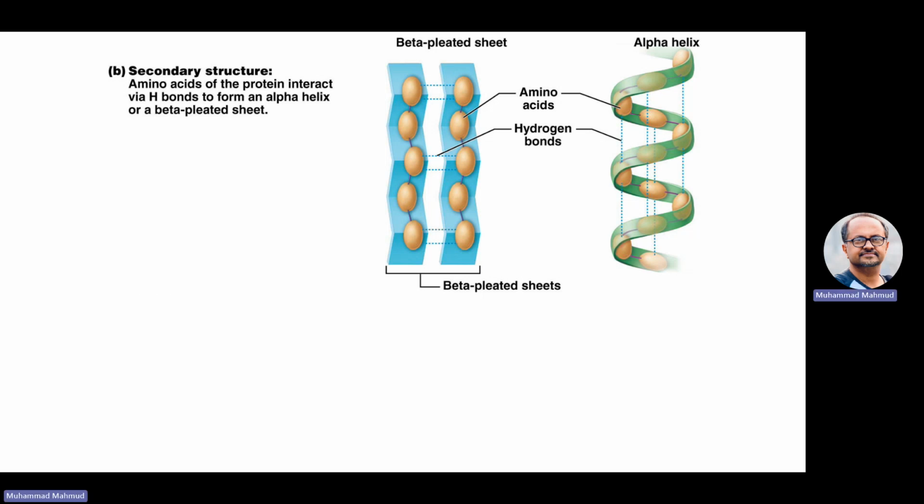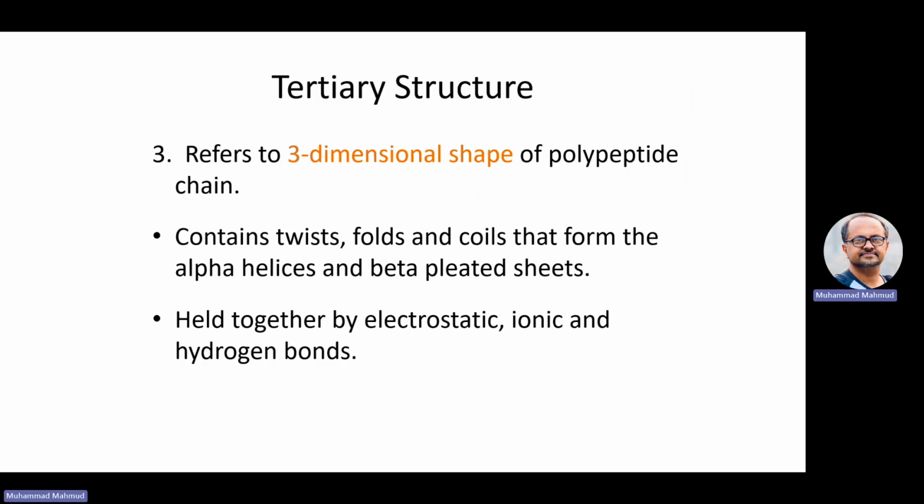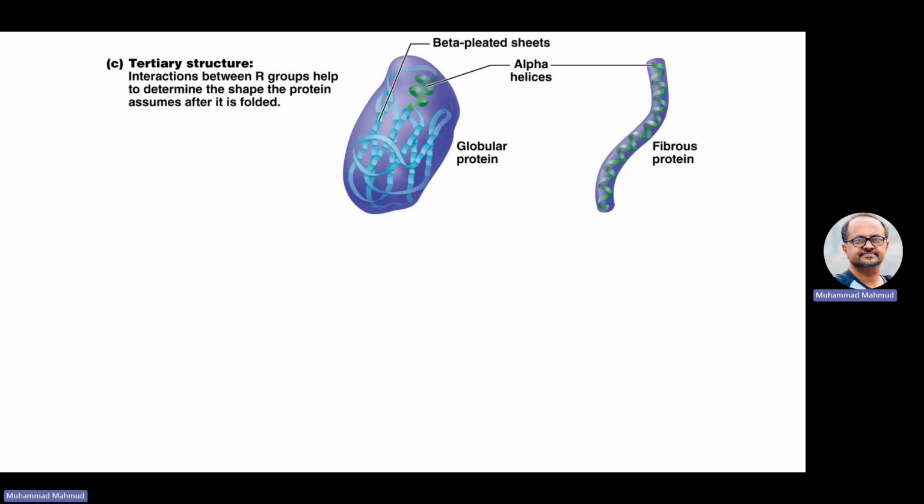We are not done yet. Let's go to tertiary, level 3. This structure refers to the three-dimensional shape of the polypeptide chain, containing twists, folds, and coils that form the alpha helices and beta pleated sheets, held together by electrostatic, ionic or hydrogen bonds. So now, from two-dimensional, they are becoming three-dimensional structure.